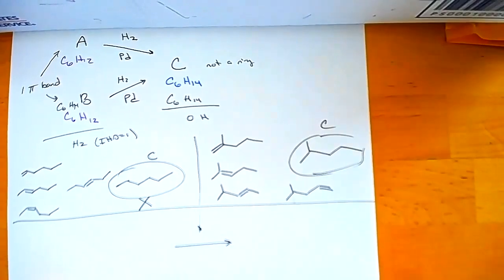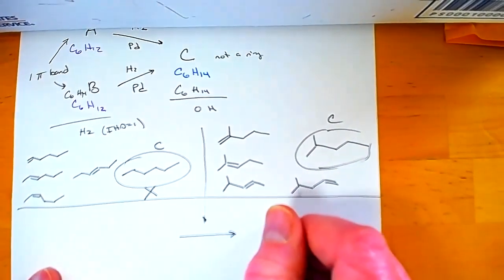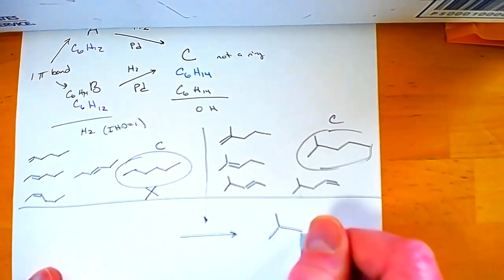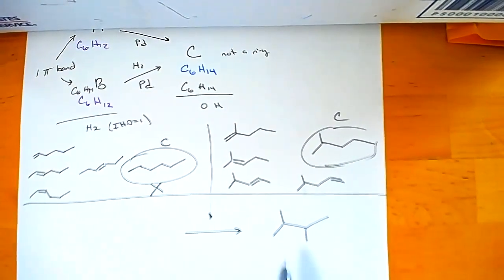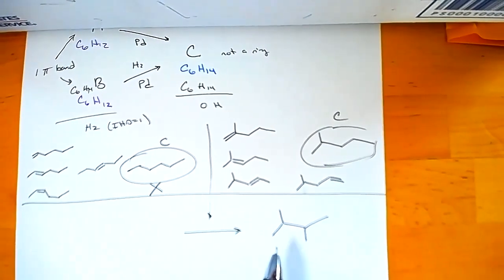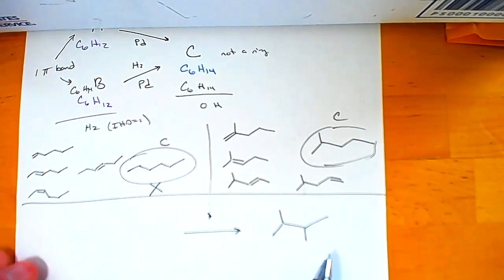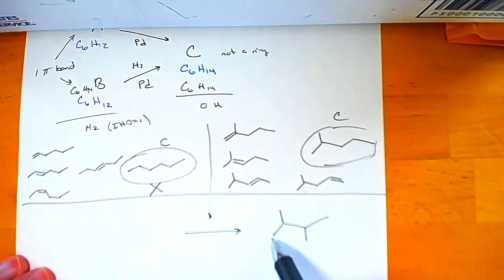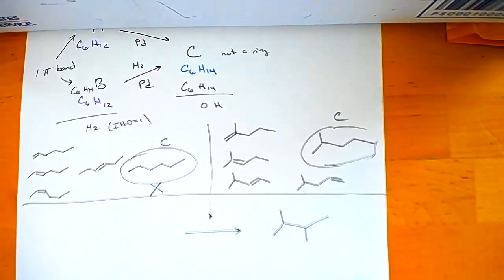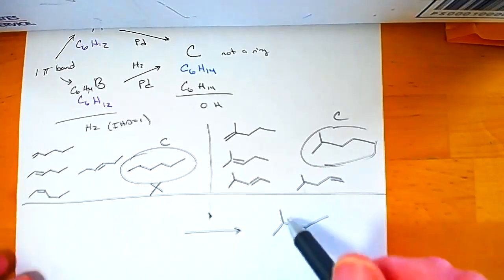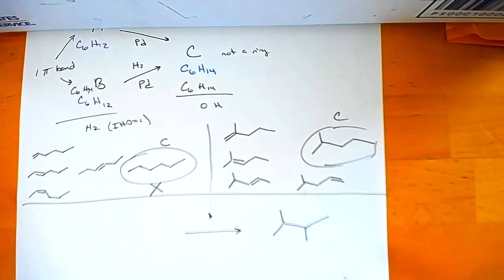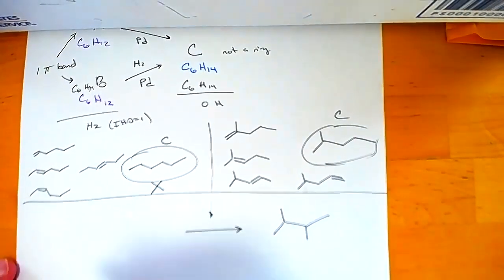Let's say I branch this a little bit more. That looks symmetrical, which is what we want if we want a system without a lot of possibilities. If I put the double bond at any of those carbons, every single one is equivalent, because all I need to do is rotate around a sigma bond and you would get that structure.